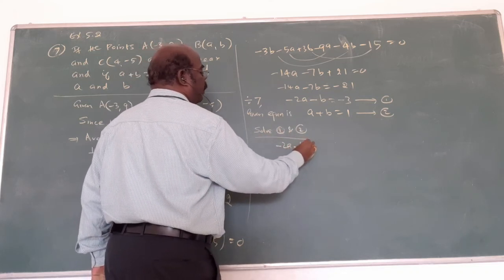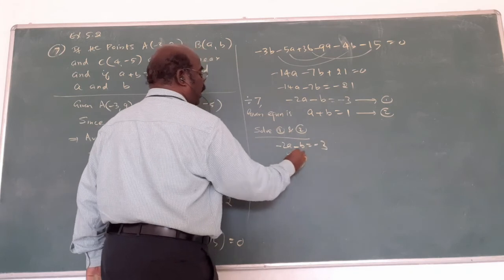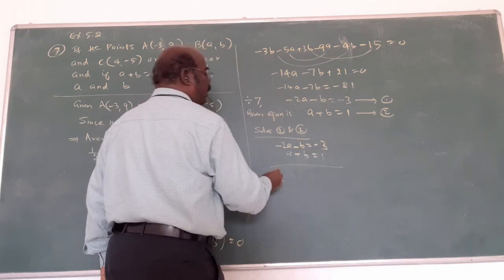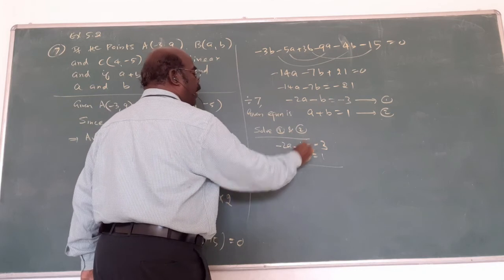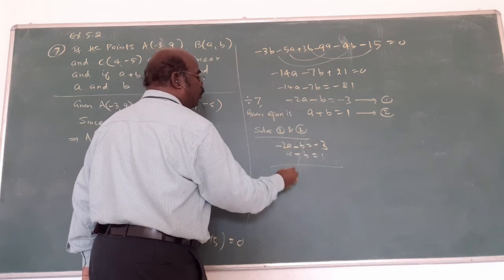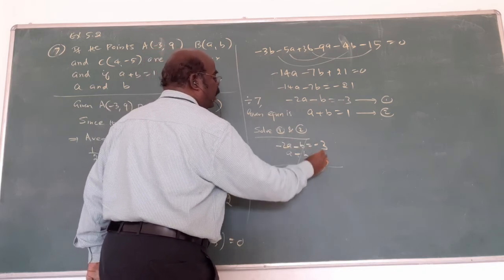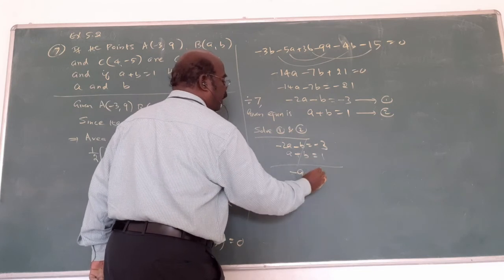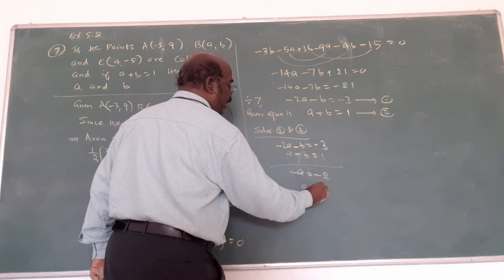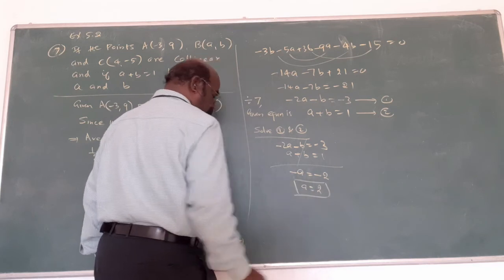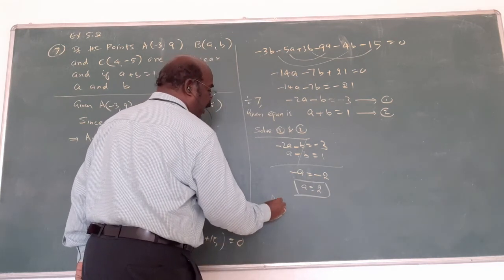Minus 2a minus b equal to minus 3. A plus b equal to 1. The b's cancel. Minus a equals minus 2. Am I right?